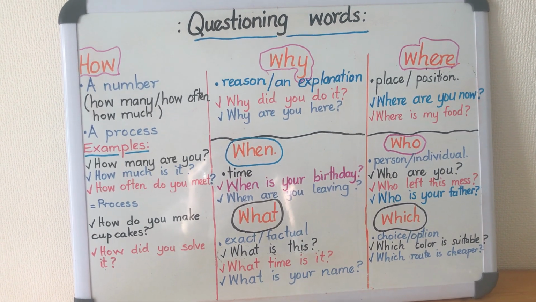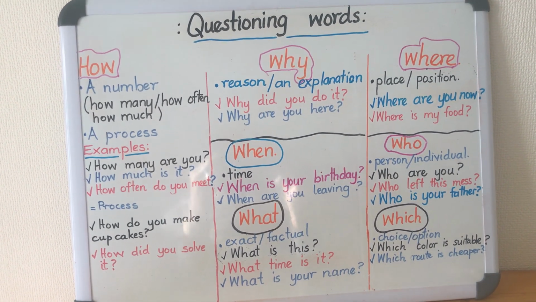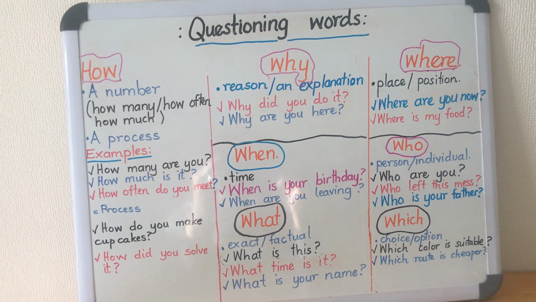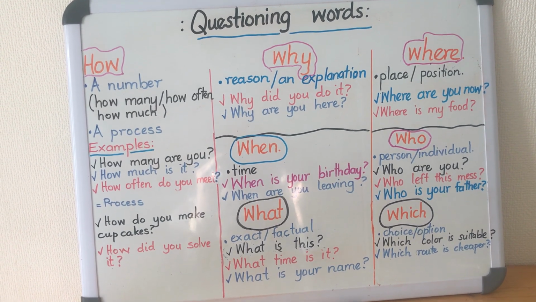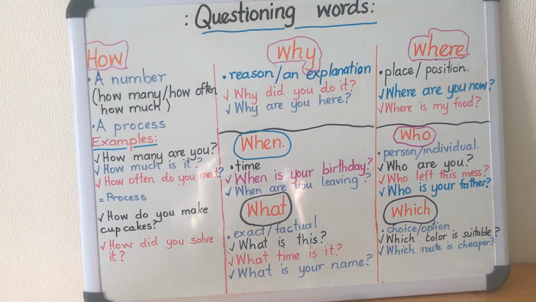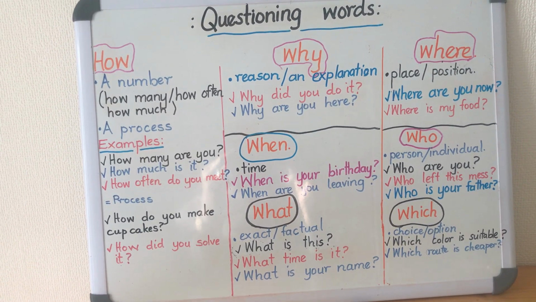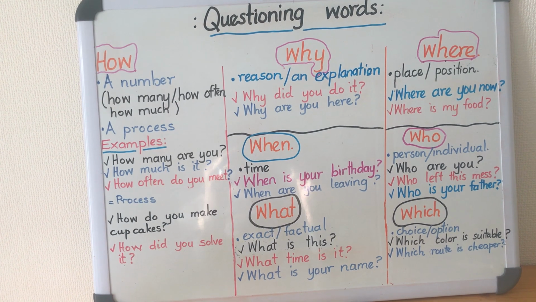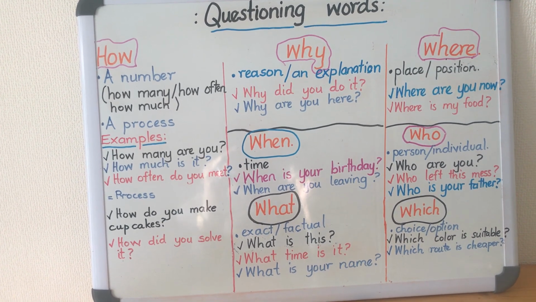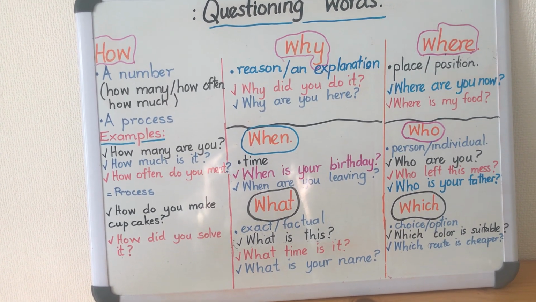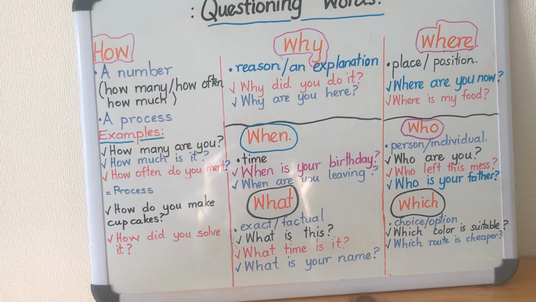Things that we can't count 1, 2, 3, but things that we can quantify in certain quantities, either liters, kilograms, and other known quantities. Then the fourth requirement of the word how, it's a process.